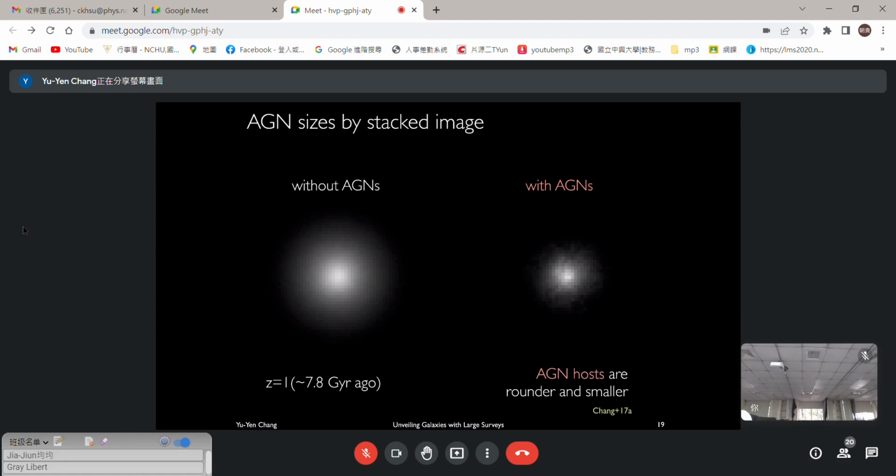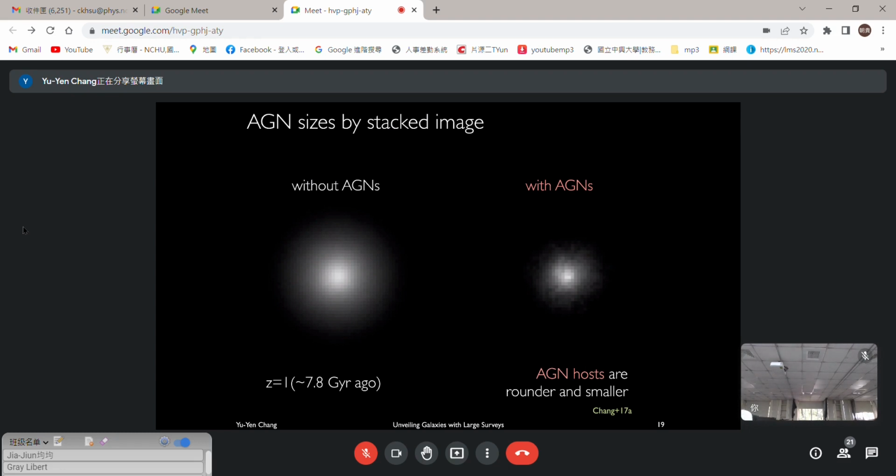As a result, we find that for galaxies with AGNs, their sizes are more compact at the same redshift and stellar mass bins. This is a result from the Hubble Space Telescope, which means these are near-infrared observations, so it traced the stellar population of the host galaxies of AGNs.